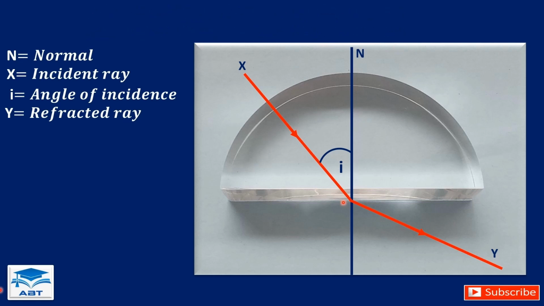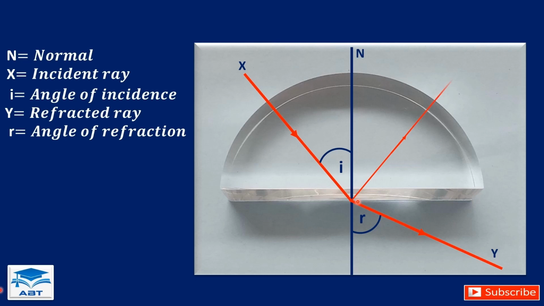Refraction is due to the fact that the light is moving from one medium to another medium of different densities. When light moves between media of different densities, its speed changes, causing it to bend. The angle between the normal and the refracted ray is known as the angle of refraction.